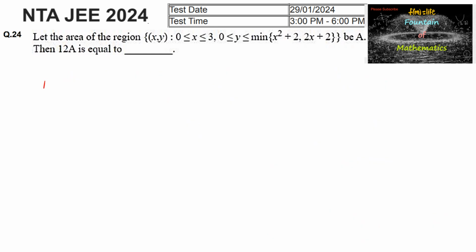So therefore A is equal to 8 by 3 plus 4, and plus 9 plus 6, 15, and minus 4 plus 4, which is 8. So 8 upon 3, 15 plus 4, 19, 19 minus 8 is 11.